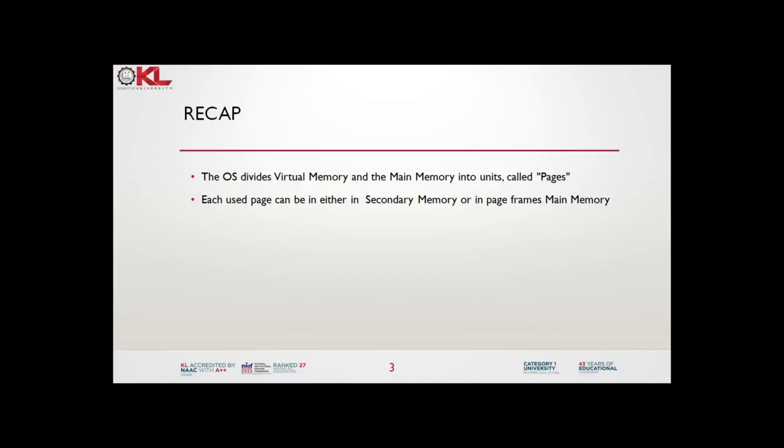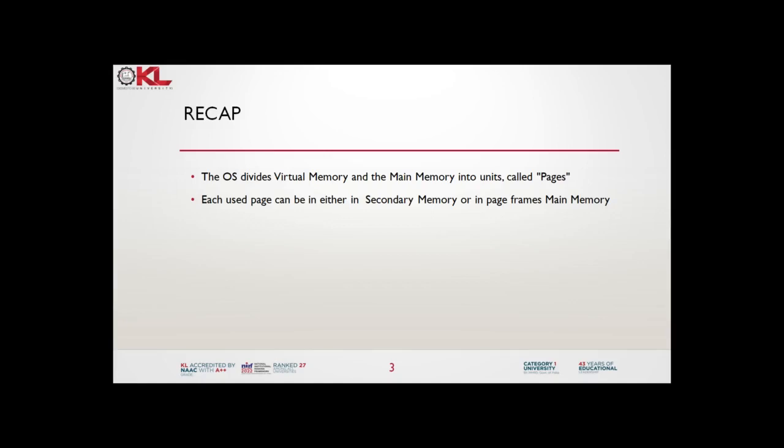These algorithms help us when we would like to move data from secondary storage into main memory by replacing the existing pages available in the frames. Which frame needs to be removed from the main memory and replaced with the new page coming from the secondary memory? These algorithms are going to help us.